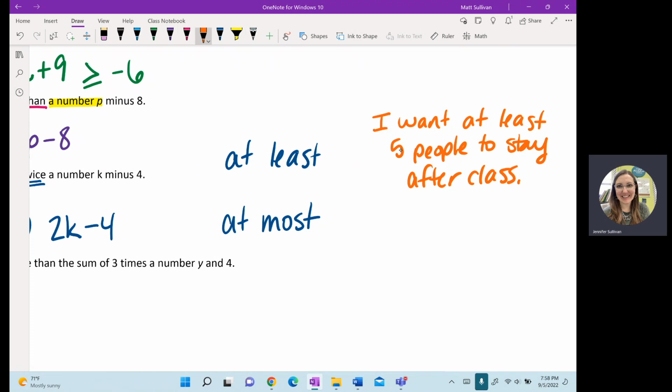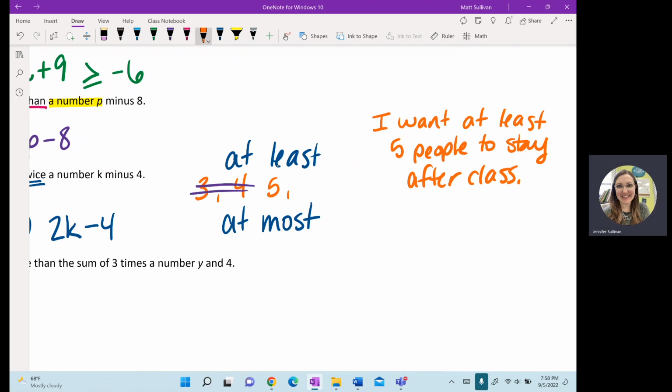If I get 5 people to stay, am I happy? Sure, 5 works. If I want at least 5, yep, 5 is a good number. What about 4? I want at least 5. Does 4 work? No, that doesn't work. How about 3? Nope, we're going the wrong direction, aren't we? So these numbers don't work.